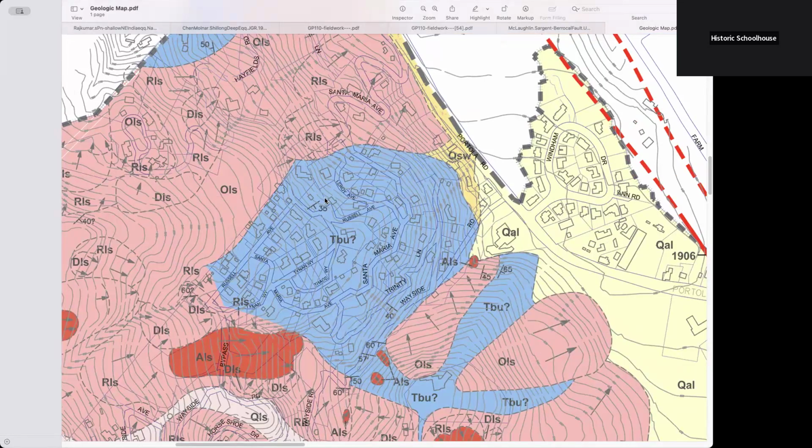I've shared on the screen the town geology map of the area.